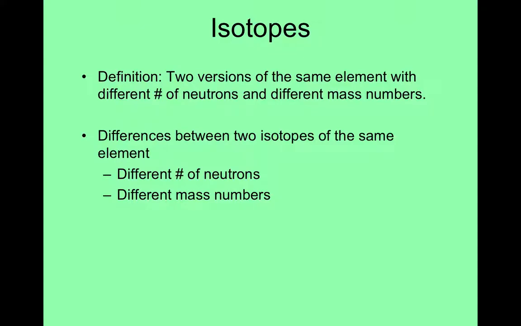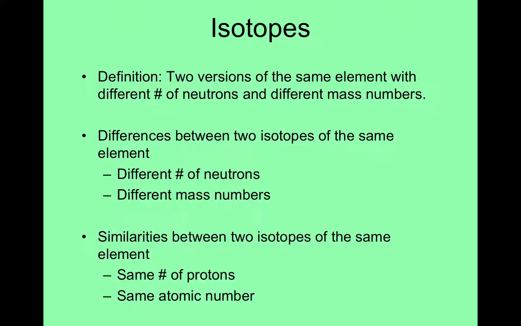I won't always be as specific as that, but if I talk about differences and similarities between isotopes, I mean two isotopes of the same element. Different number of neutrons, different mass numbers. The similarities are going to be that they have the same number of protons and thus the same atomic number. Of course, these are the same element. They're just different versions of it.